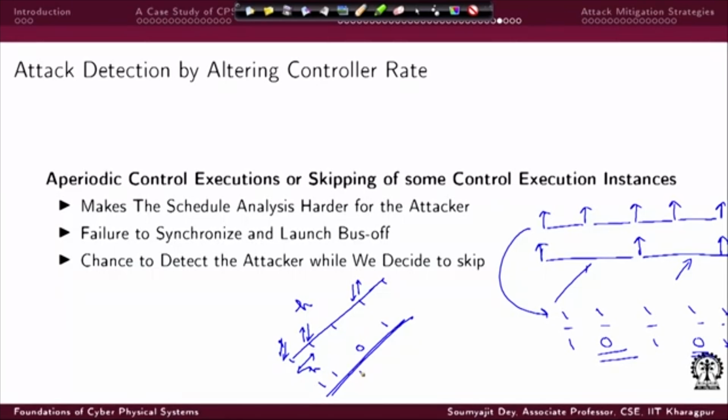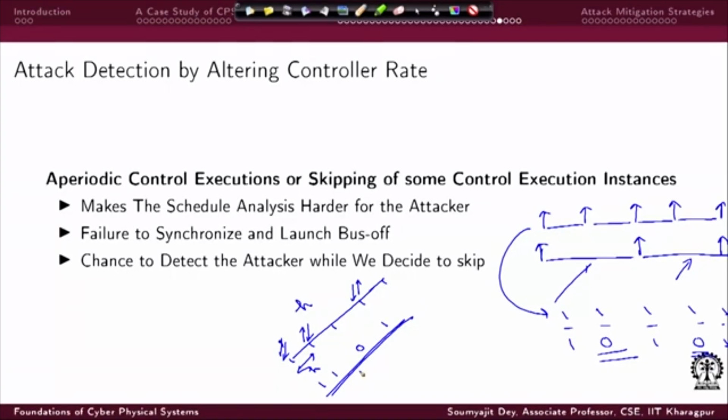But the trick is that the attacker should not know this. Then for the attacker, analyzing the schedule and identifying when to attack becomes difficult. In case of bus off, the attacker has to analyze the schedule and figure out when the controller or the plant is sending a measurement or actuation packet.